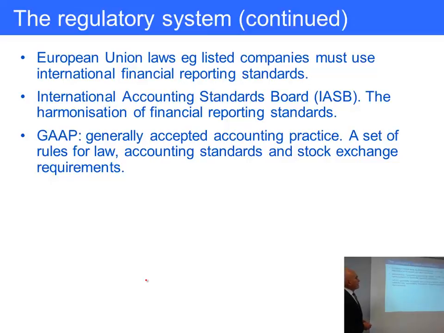Other bits of the regulatory system, EU laws can impinge in European Union members here. It states, for example, that listed companies anywhere in the EU must comply with international accounting standards or international financial reporting standards. There is an element or a hope that accounting standards used in different countries can be aligned.